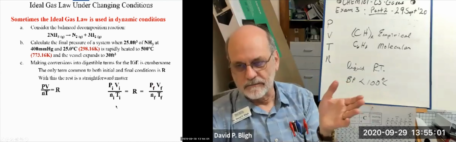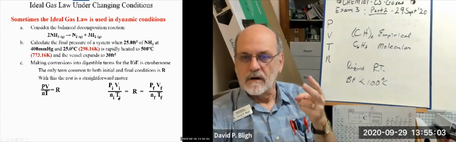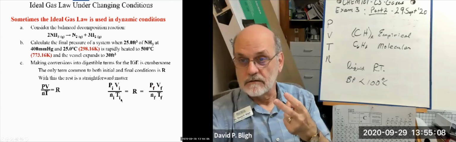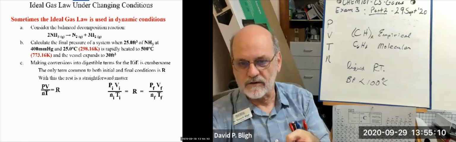First, find out, are there any constants? They cancel out. Second, change your temperatures to Kelvin. First, do that before you do anything else.